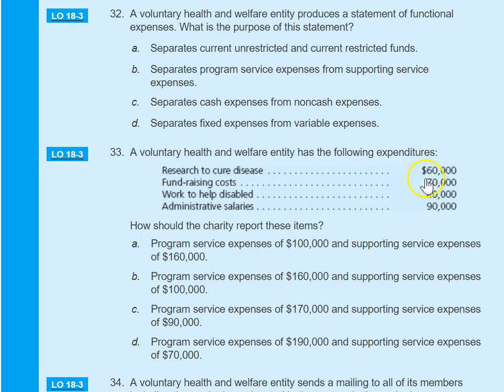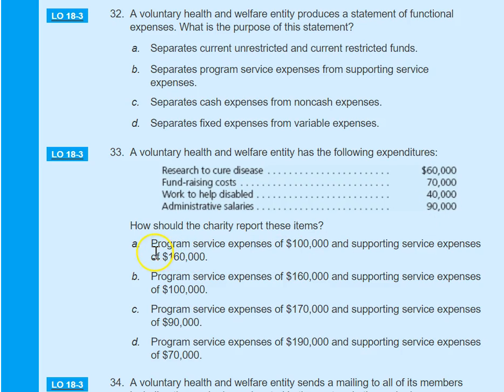Now if you add those, research to cure disease, which is 60,000, and work to help disabled, which is 40,000, these should be their program service expense. 60 plus 40, 100,000 should be their program service expense, which is related to the main mission of that entity. On the other hand, fundraising and administrative cost, these 70,000 and 90,000, which is 160,000, are their supporting service.